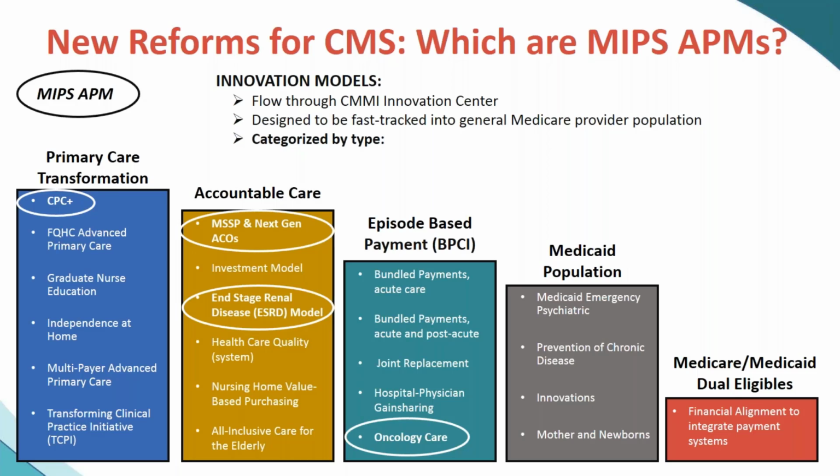Other ones we've got circled here are the shared savings and Next Generation ACOs, which pretty much everybody on this call, we hope, is a member of one of the shared savings ACOs here in Ohio. We'll talk a little bit more about that later. Some folks are playing in the end-stage renal disease model. There's an oncology care model, but those that are circled are specifically ones that are or can be a MIPS APM.